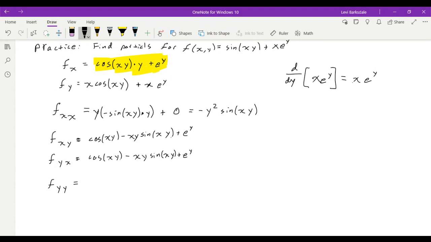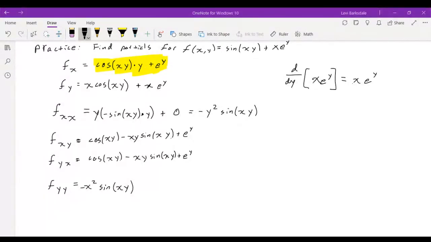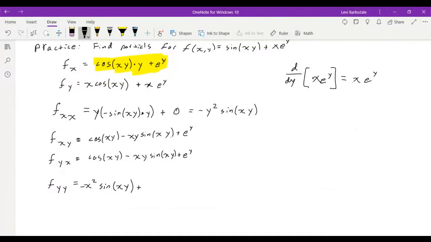First we take the derivative of x cosine xy. The x up front is a coefficient, so we leave it there. The derivative of cosine of xy with respect to y would give us negative sine multiplied by the derivative of the inside. Overall, we get negative x squared sine xy, right? And then plus an x e to the y again, because we take the derivative of e to the y with respect to y, we get e to the y, leaving the x out front as a coefficient.